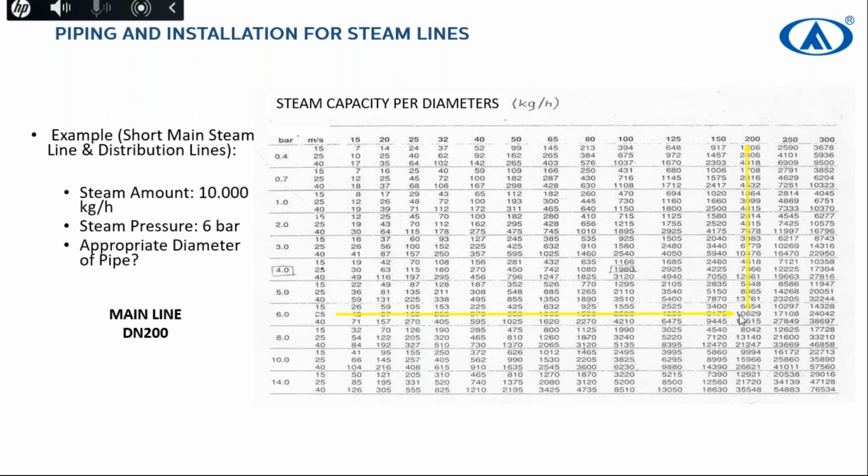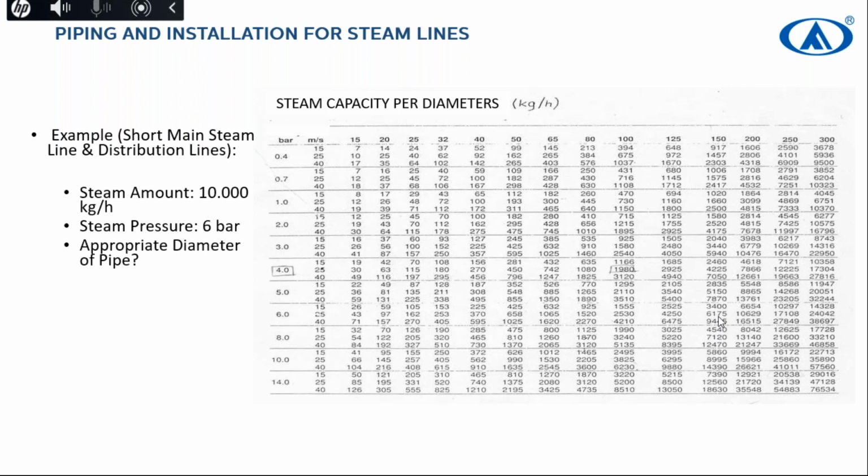If you make it less, let's check. If you make your piping with DN 150, it means you will only have 6 ton per hour theoretically, and you will push hard on your pipes, and it will cause vibrations in your system.